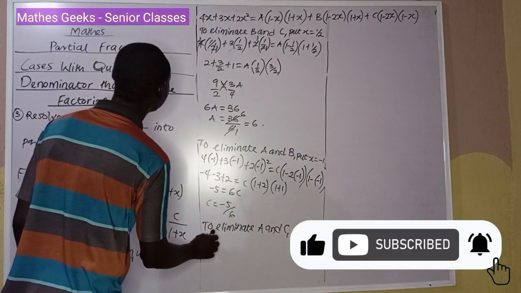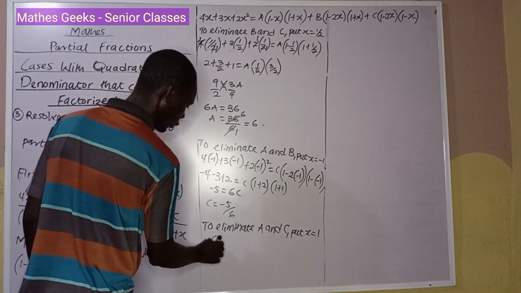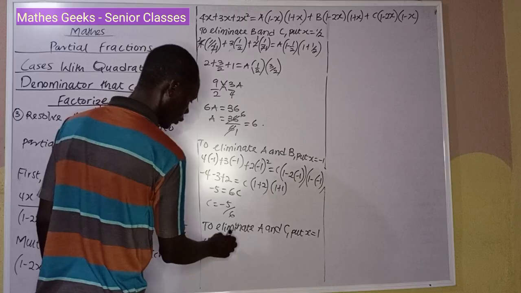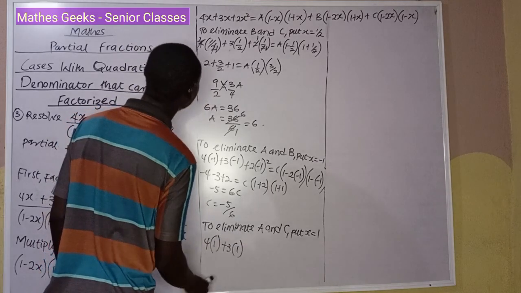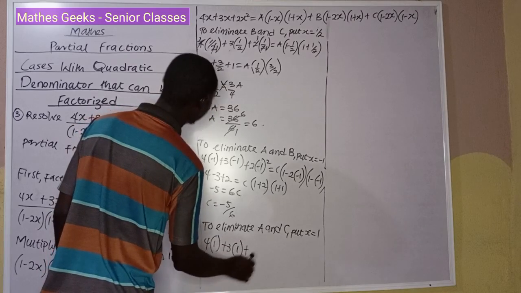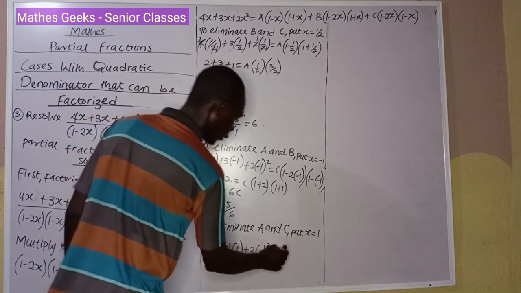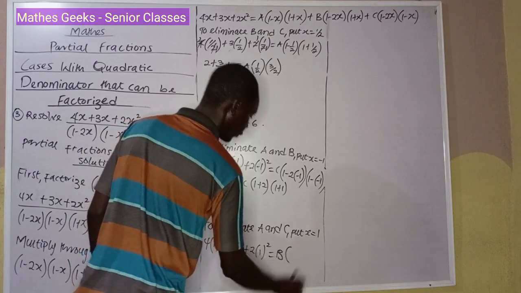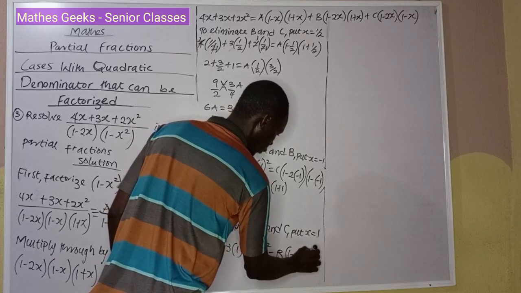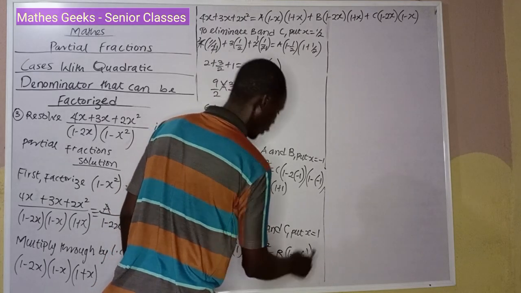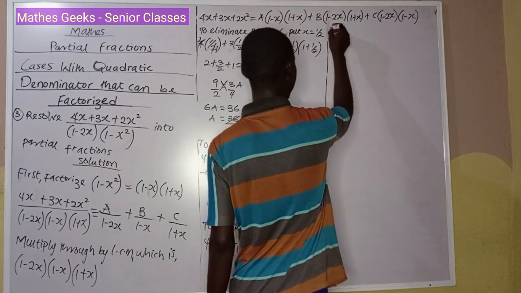So 2, 4, 1 plus 3, 1 plus 2, 1 squared equals C equals B. Or B is equal to 1 minus 2, 1 and 1 plus 1.